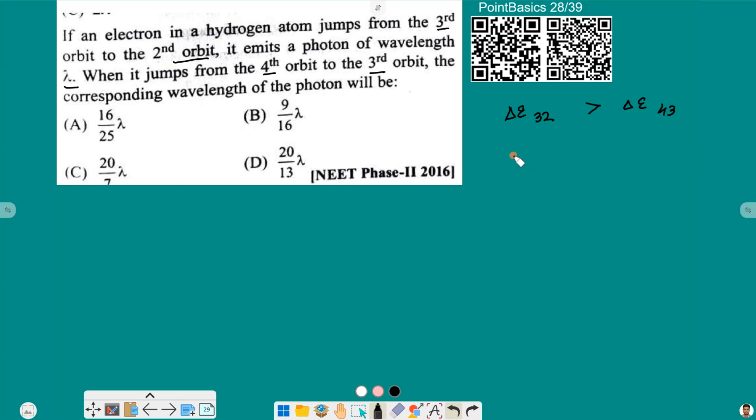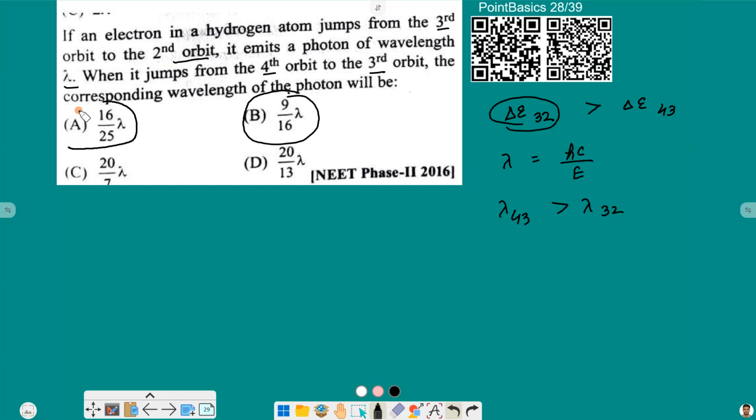And we also know that lambda is equal to hc by E. So as the energy difference between the third and second orbit is higher than between the fourth and third orbit, lambda between the fourth and third orbit will be greater than the lambda between the third and second orbit. So this option is rejected, as here the value of wavelength is reducing, since 9 by 16 is less than 1.